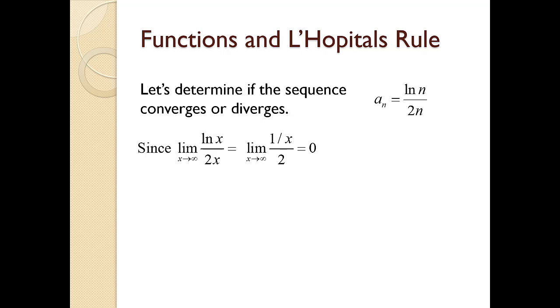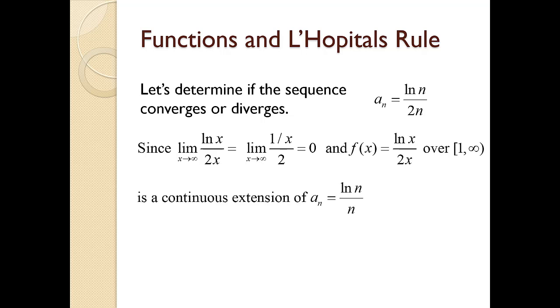In that case, we can now use L'Hopital's rule because the natural log of x is defined for all real numbers, and that's a differentiable function. The limit of the natural log of x over 2x equals, by L'Hopital's rule, the limit of 1 over x over 2, and that limit's 0. Since the natural log of x over 2x over the interval from 1 to infinity is just a natural continuous extension of the sequence of the natural log of n over 2n, you could then say that the limit of the natural log of n over 2n equals 0.